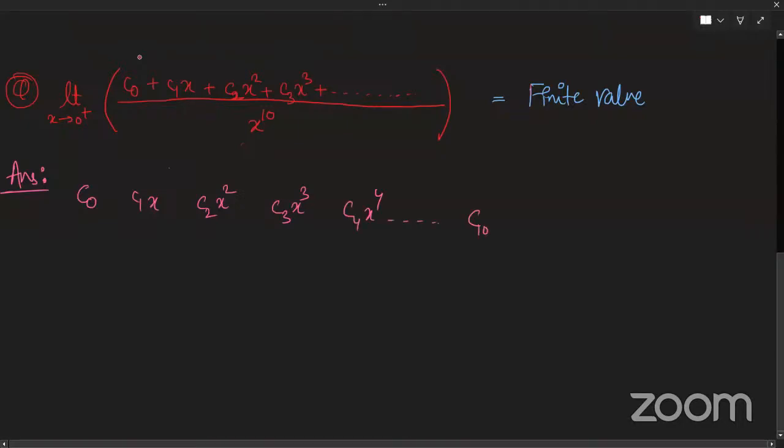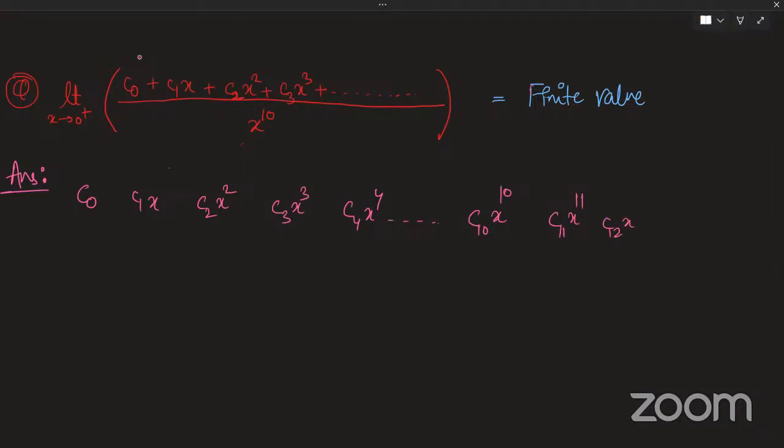Then one term you will get with x raised to 10 also, then greater than 10. Do you all agree? Like this, we will have infinite terms, and all of these terms individually will be divided by x raised to 10, right?